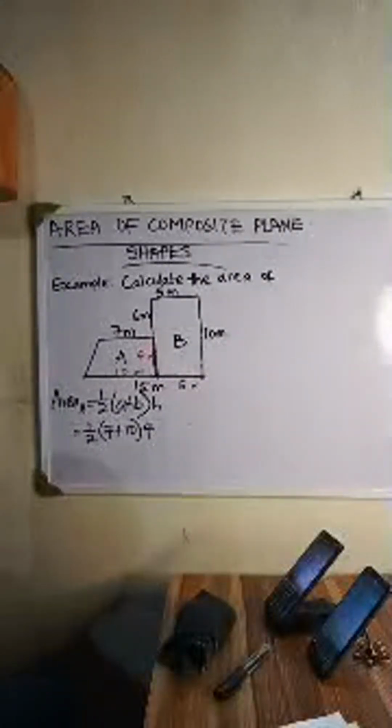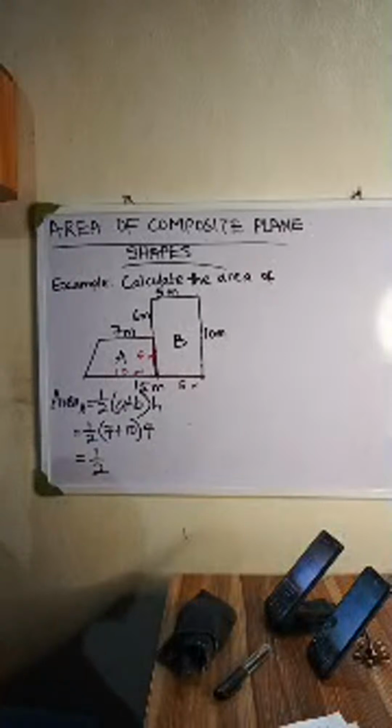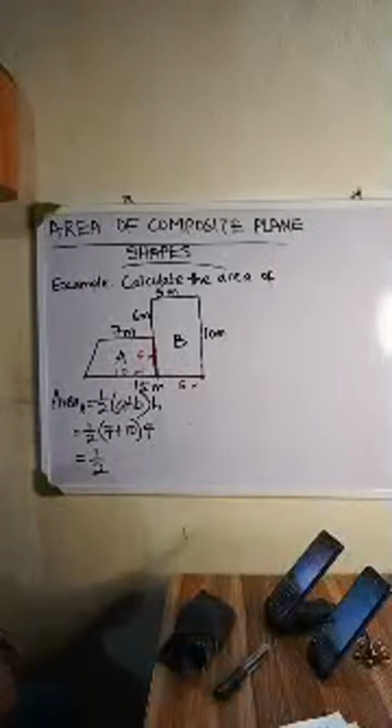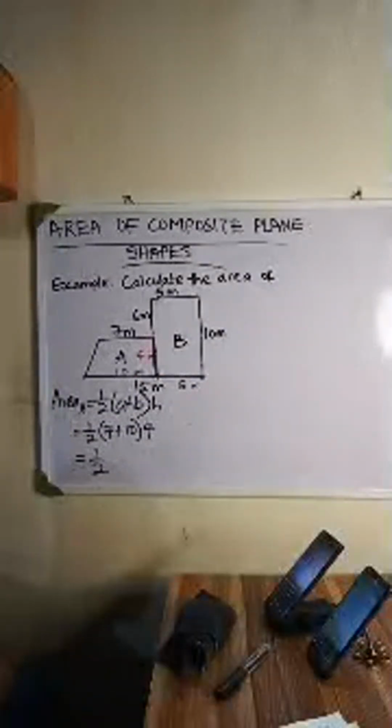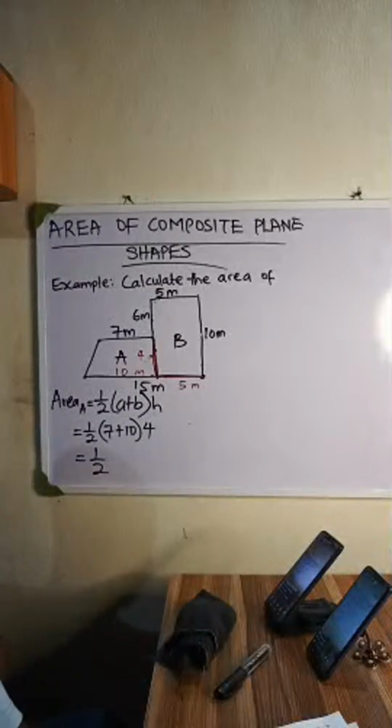Yeah, meters, thank you. So 7 plus 10 is going to give us 17. 17 times 4, what's 17 times 4? It's 68.